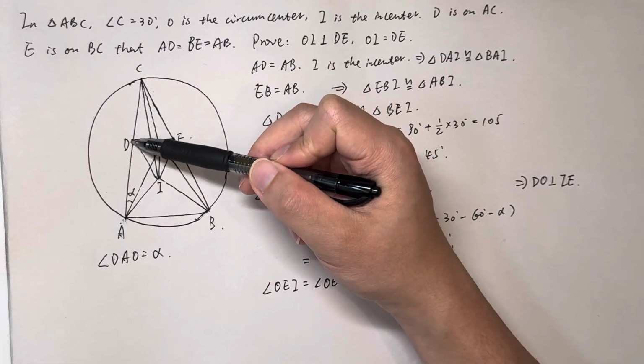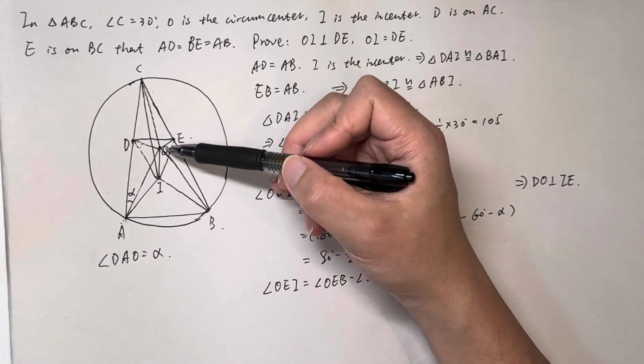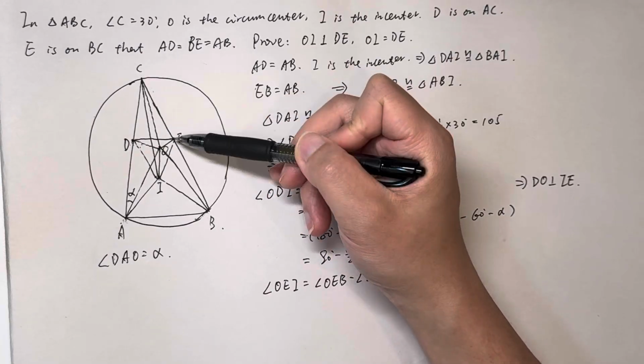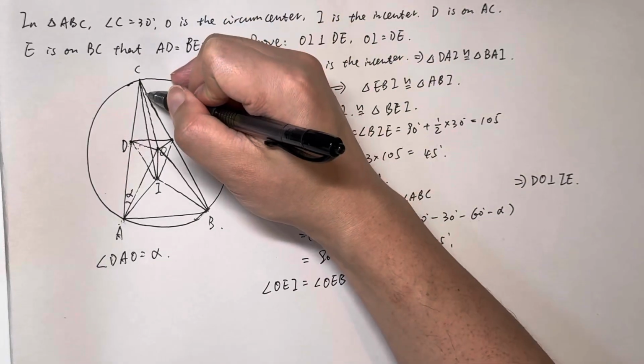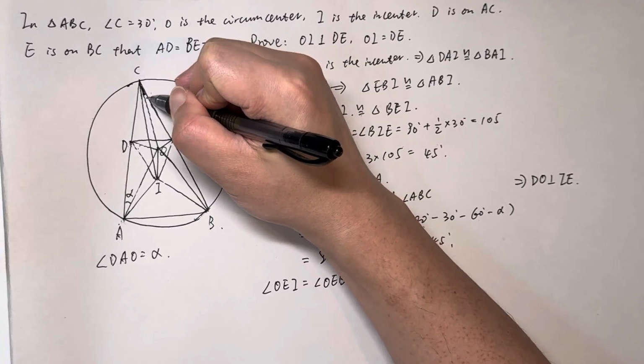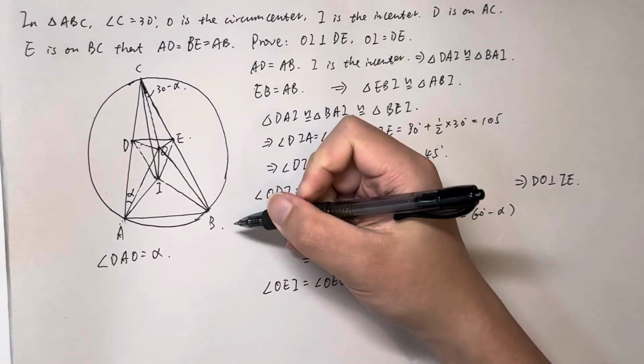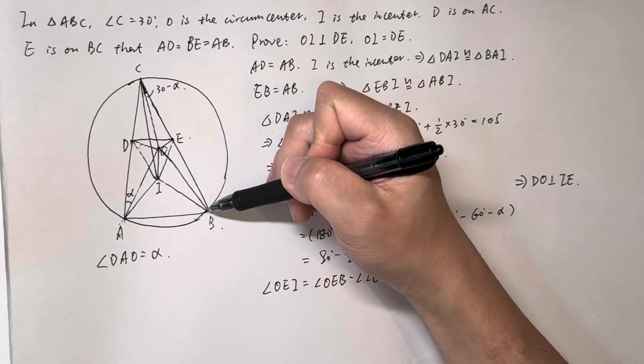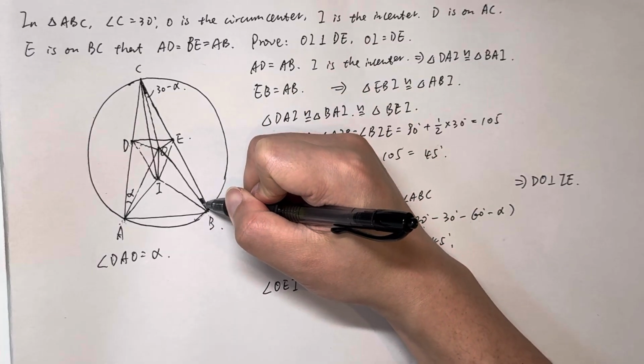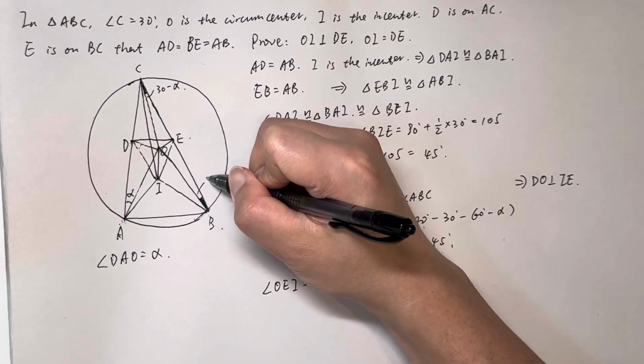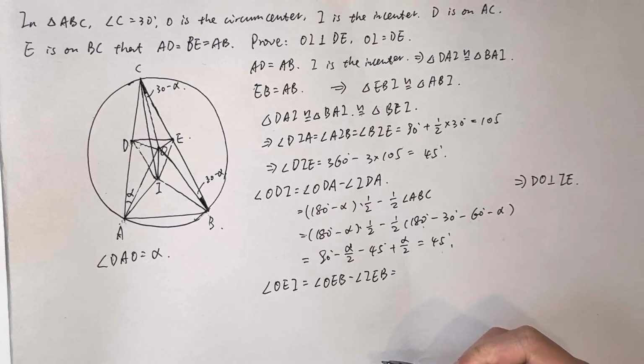And because angle DCE is 30 degrees, the angle OCE is 30 degrees minus alpha, right? So this one is 30 degrees minus alpha, which makes the angle OBE equal to 30 degrees minus alpha, right?